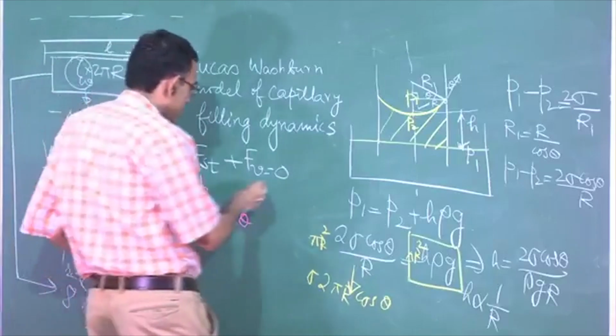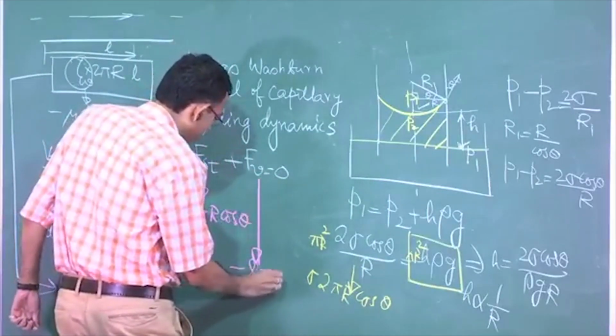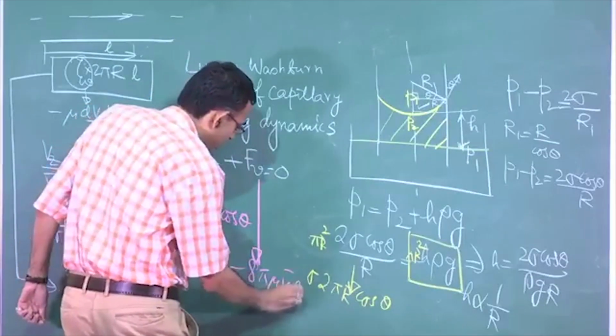So, F viscous will be minus 8 pi mu V L.